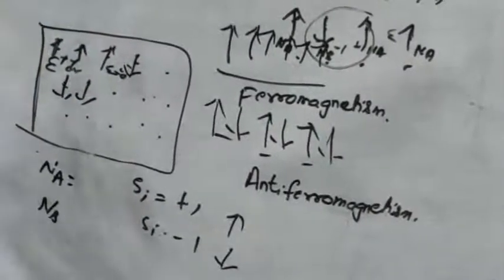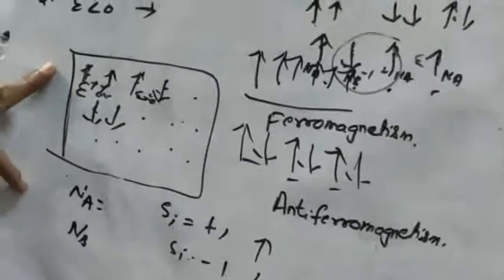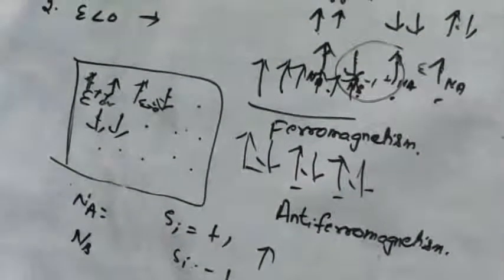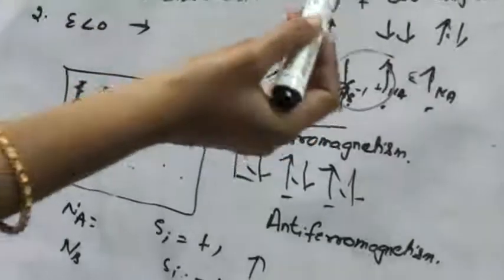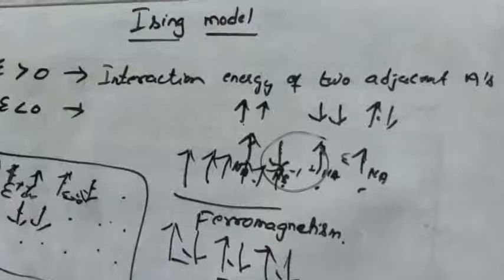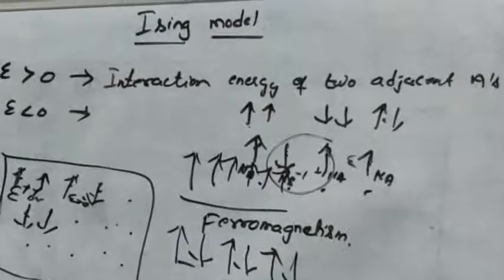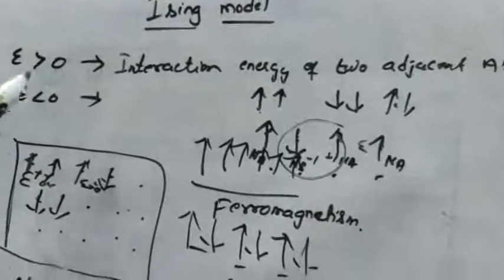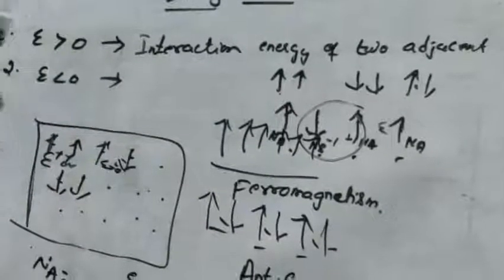Depending upon the interaction energy between two adjacent A molecules and B molecules, we have two cases: epsilon greater than 0 and epsilon less than 0.